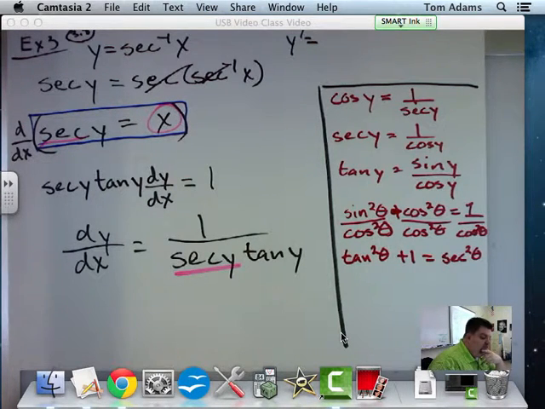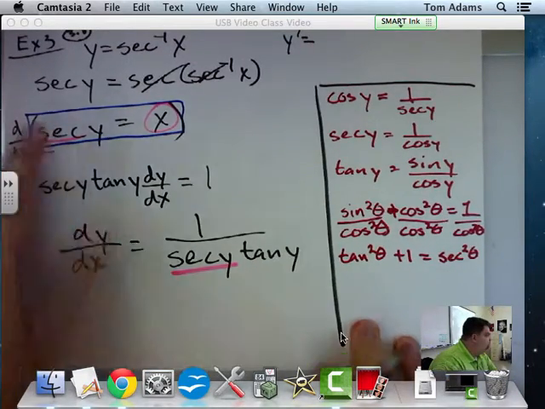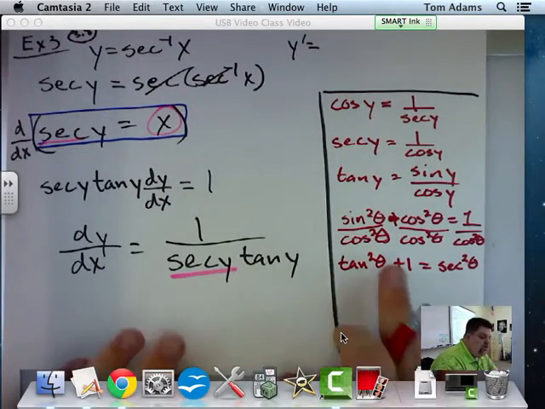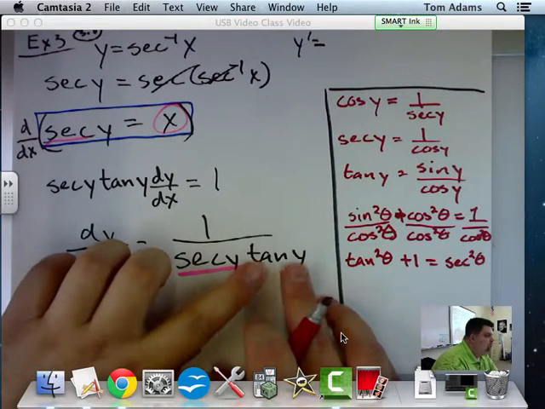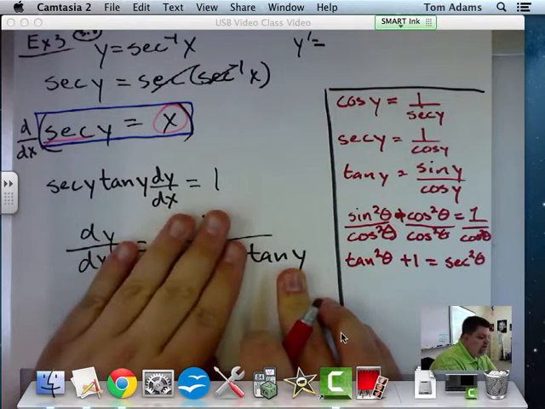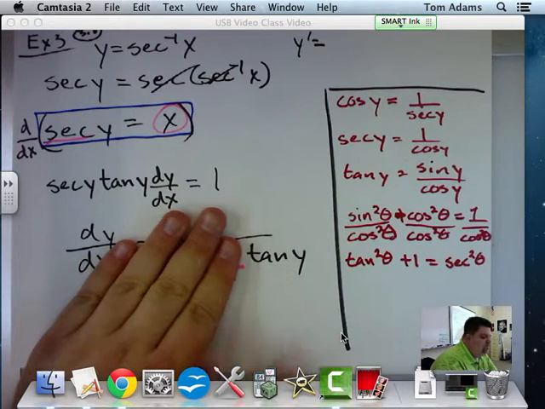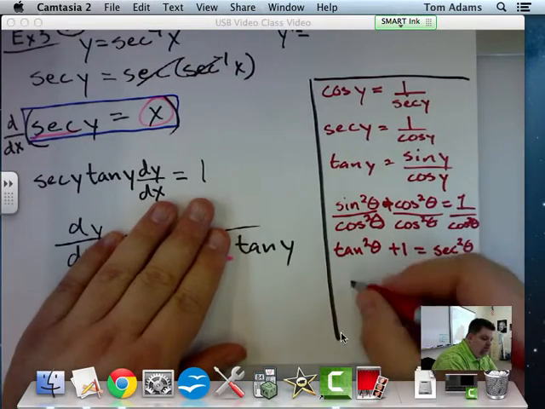So now what do I want to do? I've got to replace tangent with some variation of secant. So what do I do to the Pythagorean identity? How's it written right here? You've got to solve for tangent. Secant is going to become x, but what's left? What's the problem? Tangent is the problem. So could I do something like this?